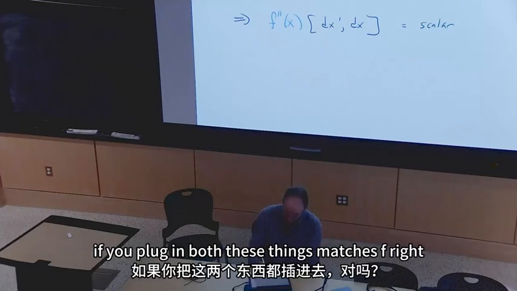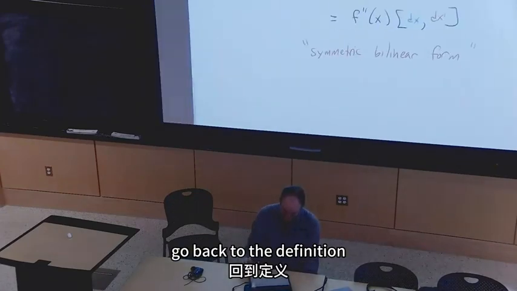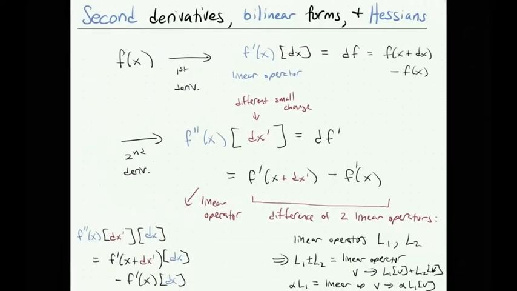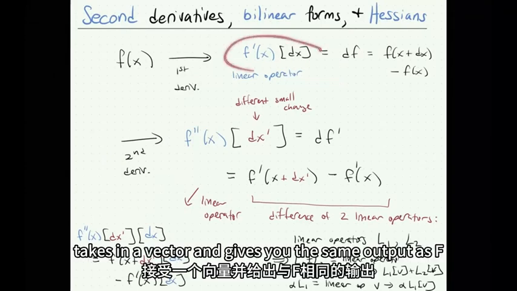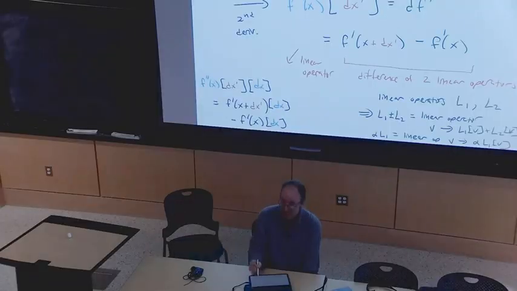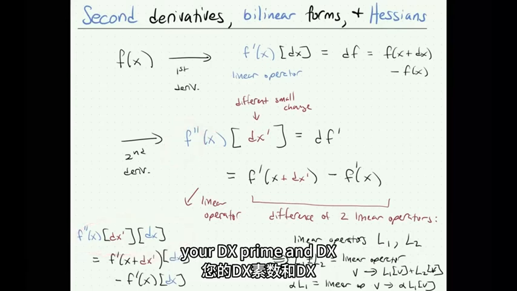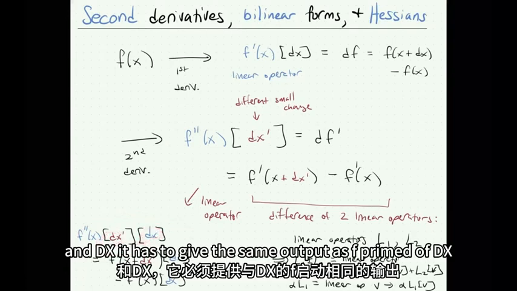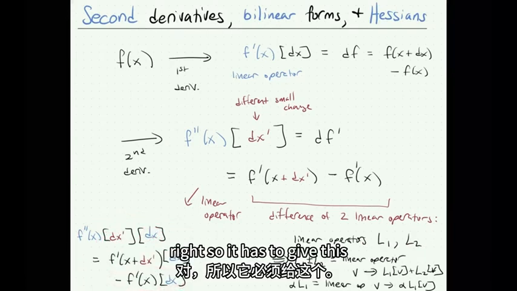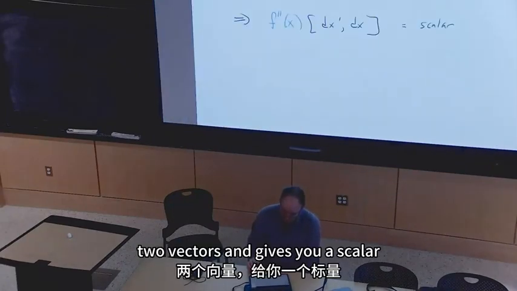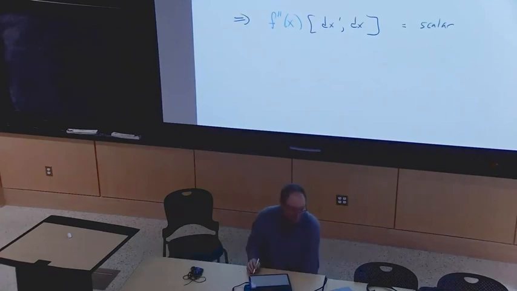Just go back to the definition that f prime takes in a vector and gives you the same output as f, because it gives you the df. So f double prime, when you plug in both vectors, your dx prime and dx, has to give the same output as f prime of dx. So it has to give something the same shape as f. So this takes in two vectors and gives you a scalar.